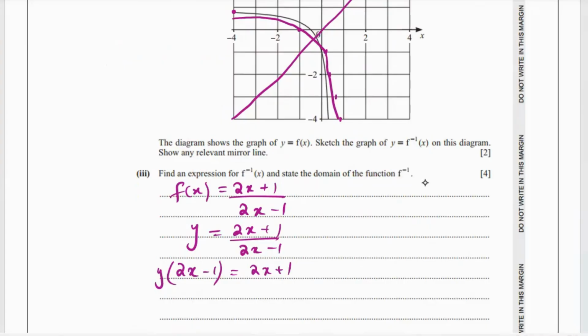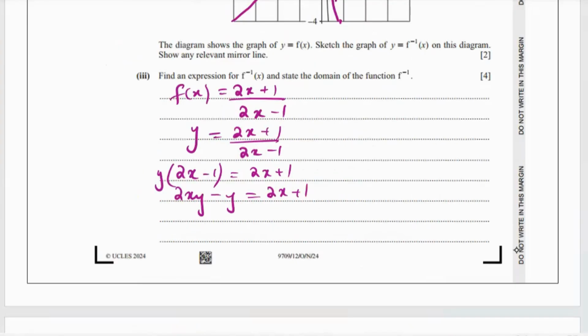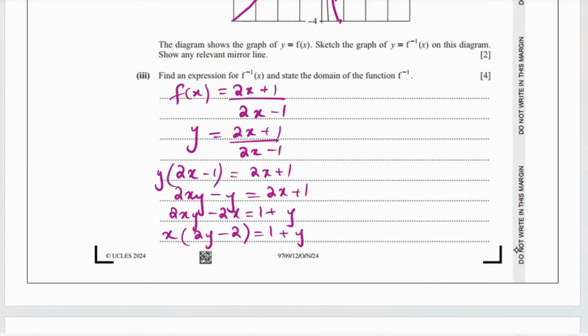Expand the bracket. 2xy minus y equals 2x plus 1. Collect the terms with x on one side. So 2xy minus 2x equals 1 plus y. Take x common, so x times (2y minus 2) equals 1 plus y. So x equals 1 plus y over 2y minus 2. So f inverse of x is 1 plus x over 2x minus 2.